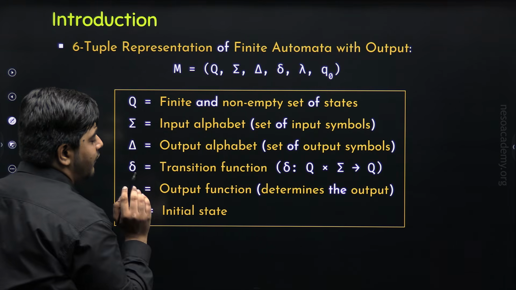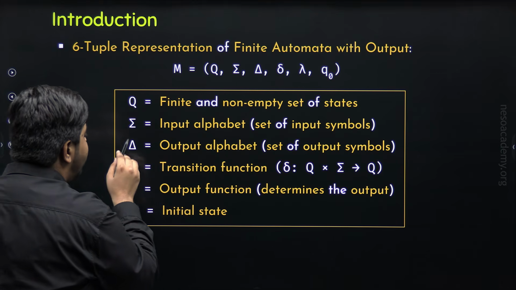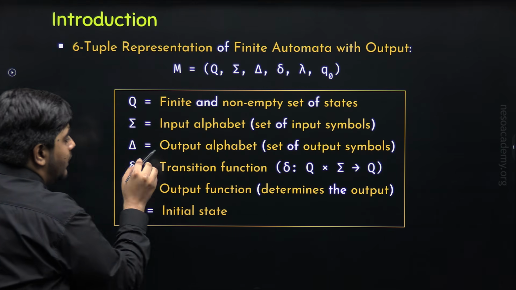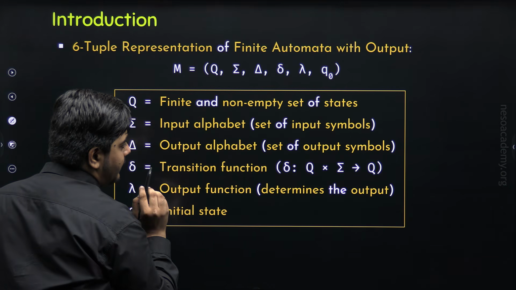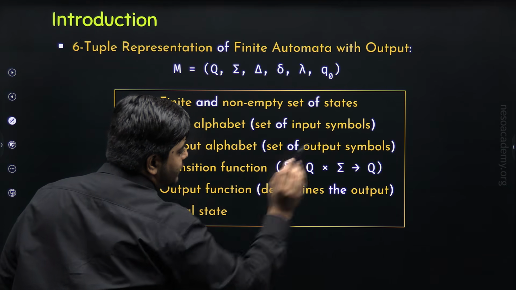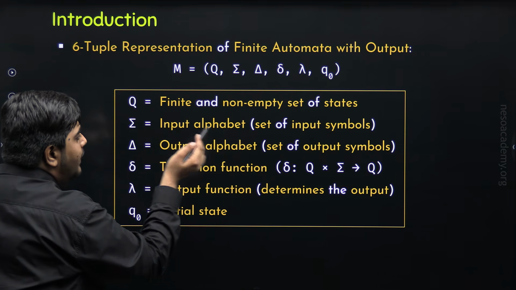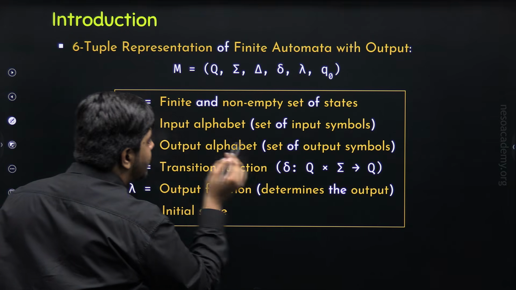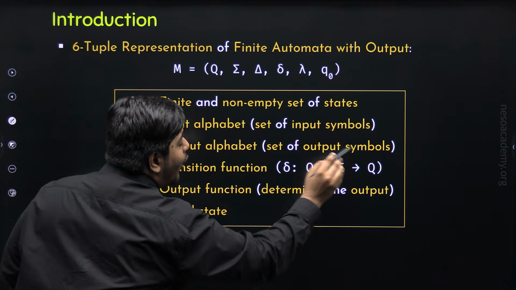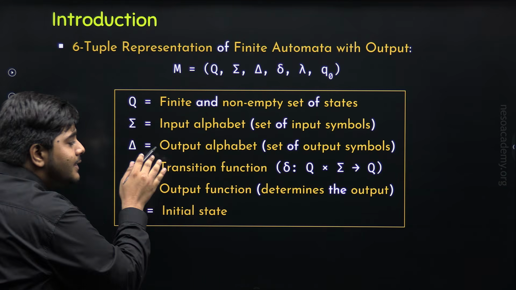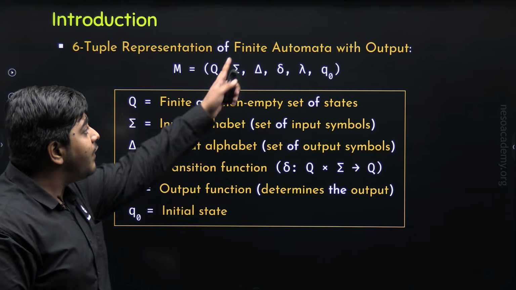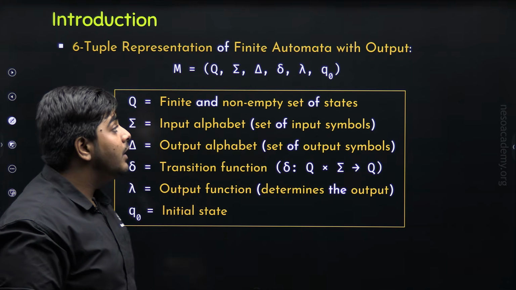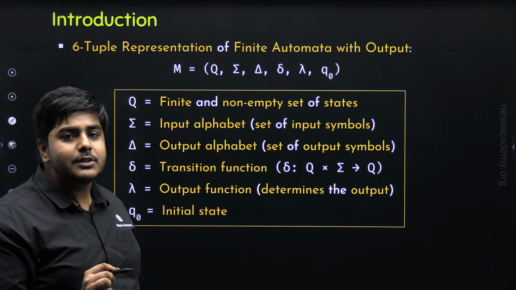Then we have capital delta, which is called the output alphabet, the set of output symbols. Like input alphabet is the set of input symbols, output alphabet is the set of output symbols. This is something new because in finite automata with output, we should have an output symbol also.